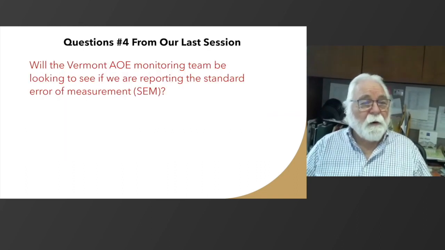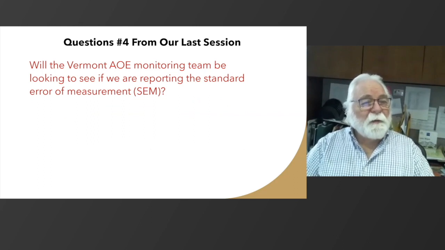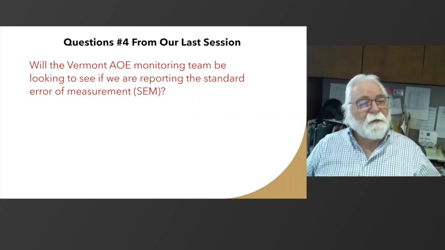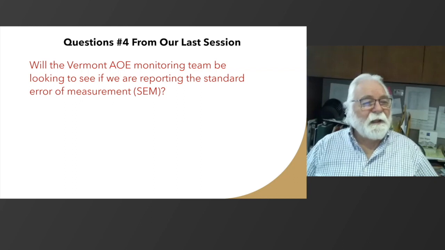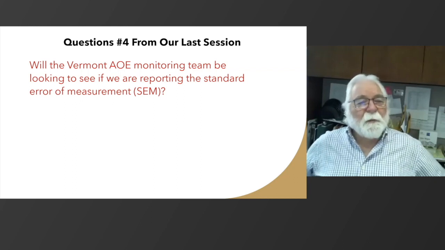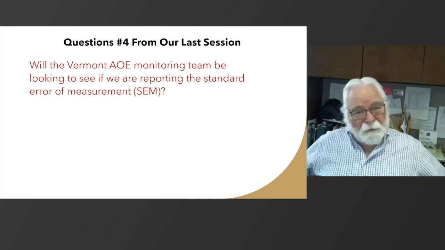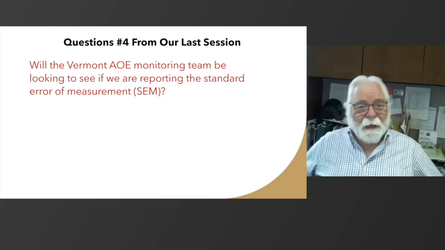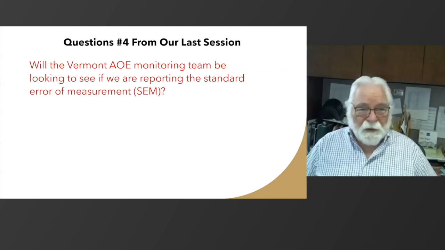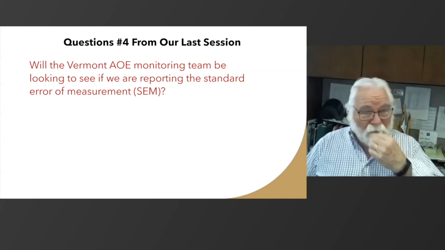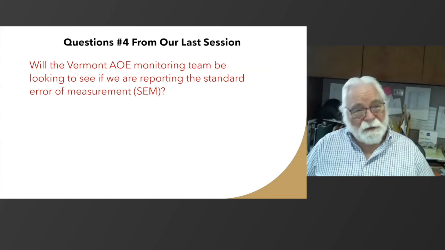Okay. All right. Another question was, will the Vermont Agency of Education monitoring team be looking to see if we're reporting the standard error measurement? I contacted the special ed hotline where you leave a message and someone gets back to you, and no one got back to me. So I don't have the official answer to that.